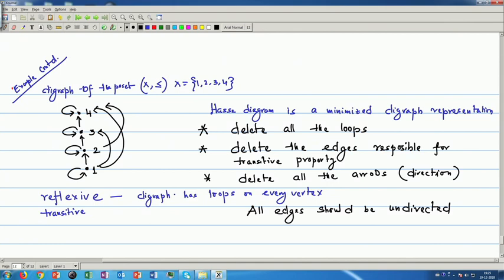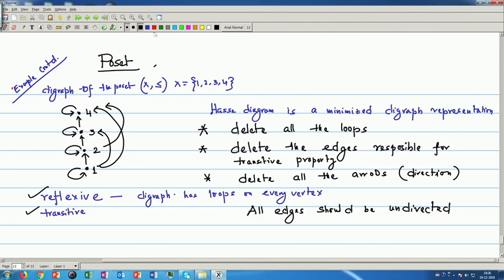Now, why can we do this? Because we are considering only the poset, and the digraph of a poset. A poset is reflexive and transitive, so we are not separately giving any representation for the reflexive property.